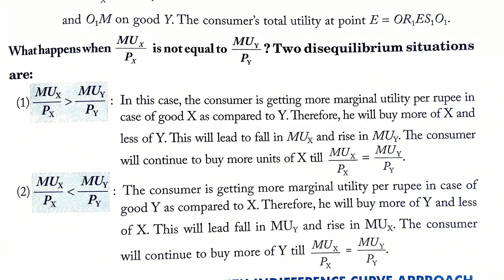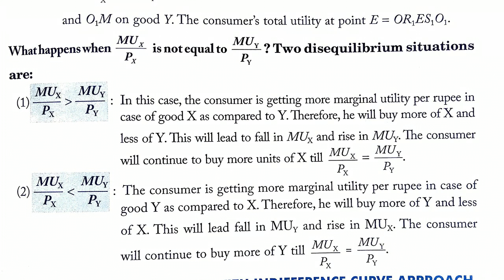So like this, there will be a situation when MUx by Px will be equal to MUy by Py. In both situations, the disequilibrium will be brought to equilibrium by decreasing the consumption of one commodity and increasing the consumption of another.